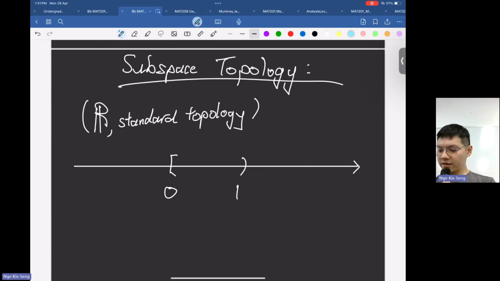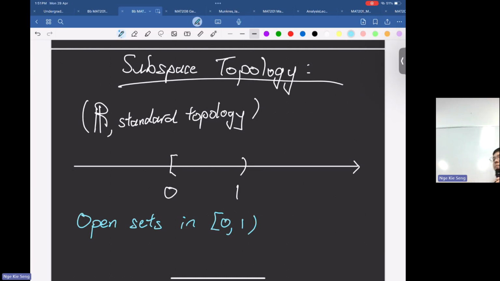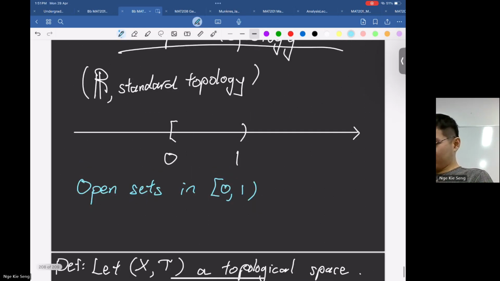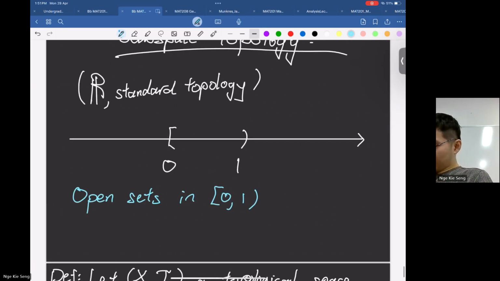Okay, so let's jump back to this example. What are the open sets in 0, 1? Can you tell me one? One by one. Dingy, give me one example of an open set here. 0 to 1, you want closed or open?